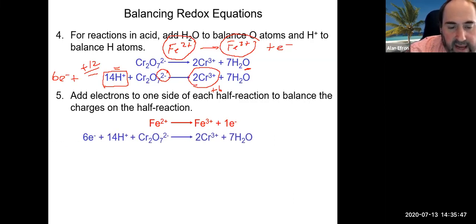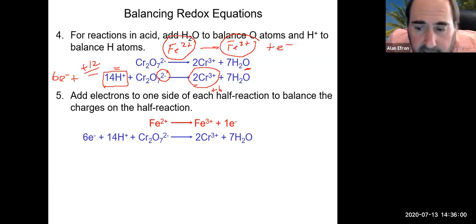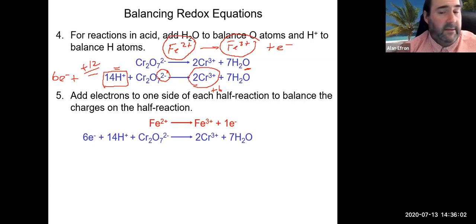That's what we would add to our second half reaction. The overall charge on the left-hand side is now +6, and the overall charge on the right-hand side is +6. I personally think it is the easier move to do it just like I did there: just figure out the overall charge on each side and make sure that you balance it out.